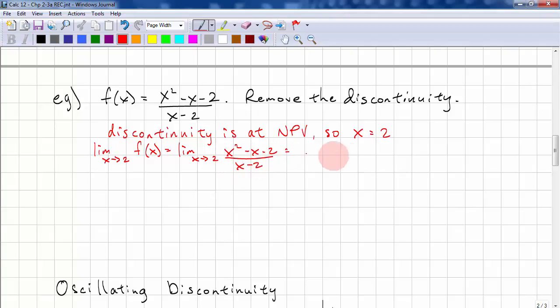We have to factor, and we simplify by canceling.